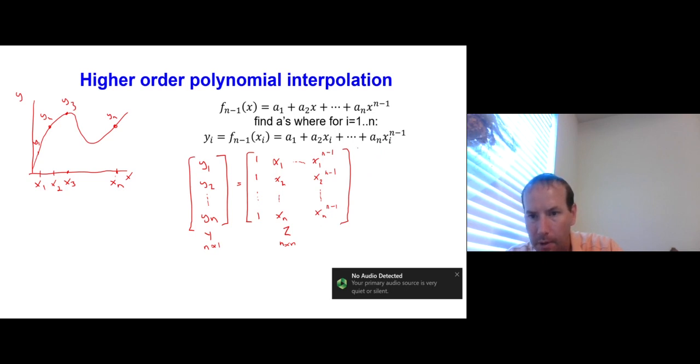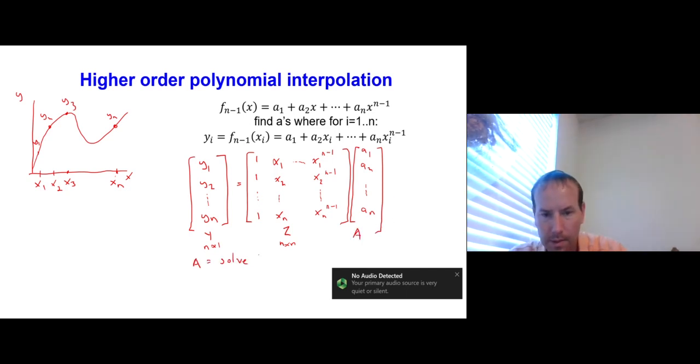And then we have our unknowns matrix, A1 to An. And that's A. To solve this, we're just going to use z and y.